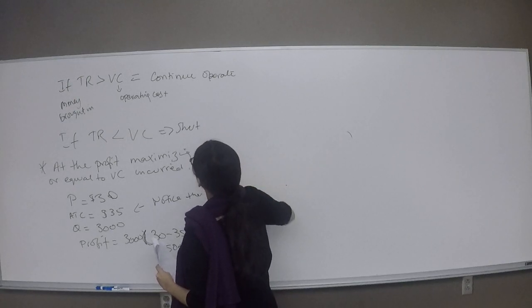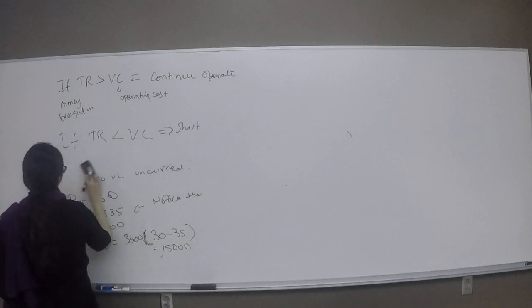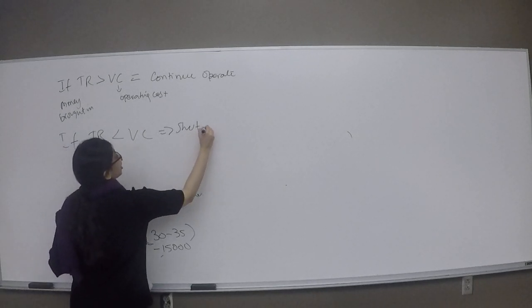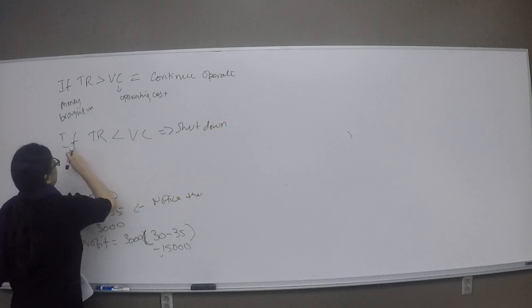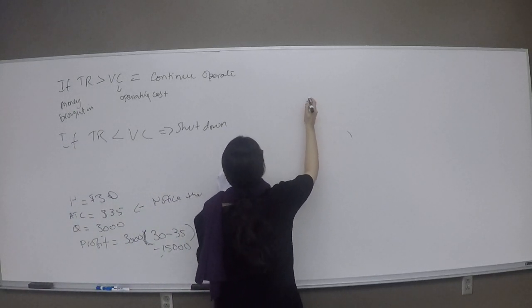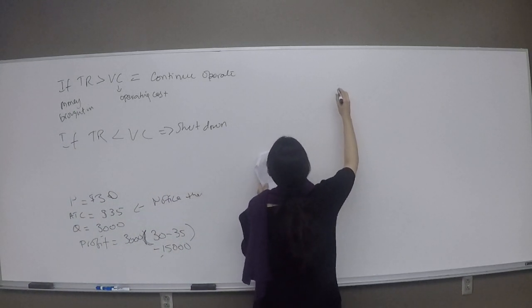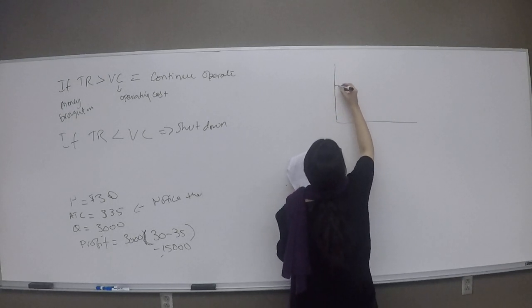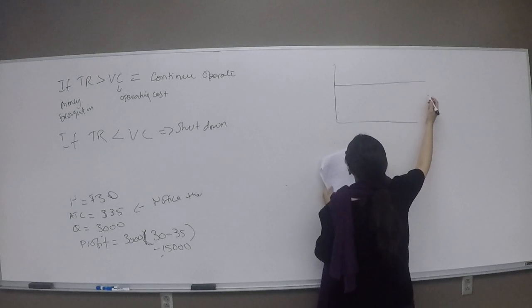Now we know that it has negative profits. How do we know if we should shut down or not? Well, we need the variable cost to decide that. Now this is something you'll need to draw.